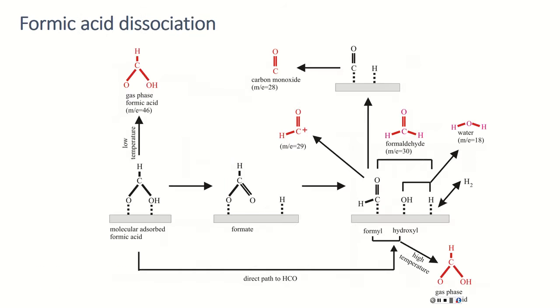Based on our results, we proposed a small mechanism for the dissociation, based on the desorption fragments and also some experimental and theoretical findings. Here, the formic acid can adsorb molecularly, or it can also dissociate on impact.